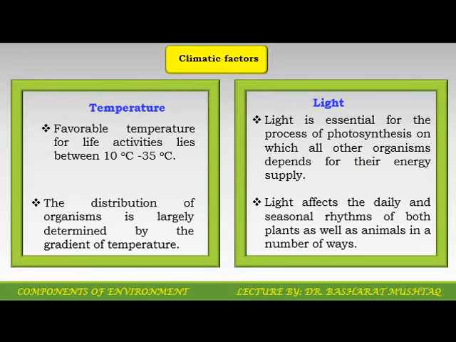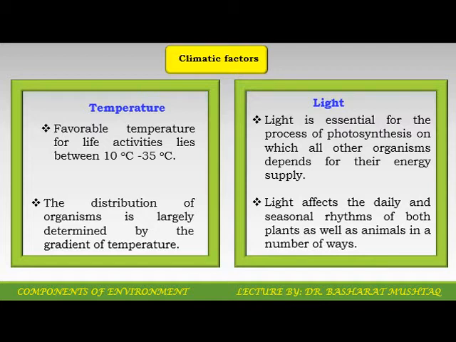If we talk about temperature, it is an important climatic factor in the environment. The organisms live in a limited range of temperature, which is specific for species. Favorable temperature for life activities lies between 10 degrees centigrade to 35 degrees centigrade.